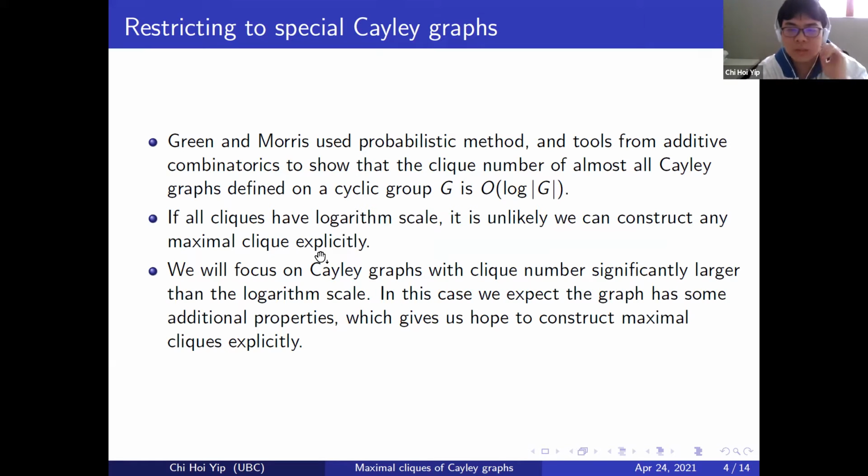So based on these two observations, we will focus on Cayley graphs with clique numbers significantly larger than the logarithmic scale. In that case, we expect the graph has some additional properties, which gives us some hope to construct maximal cliques explicitly. And then we will try to check whether these maximal cliques are indeed maximum or not.